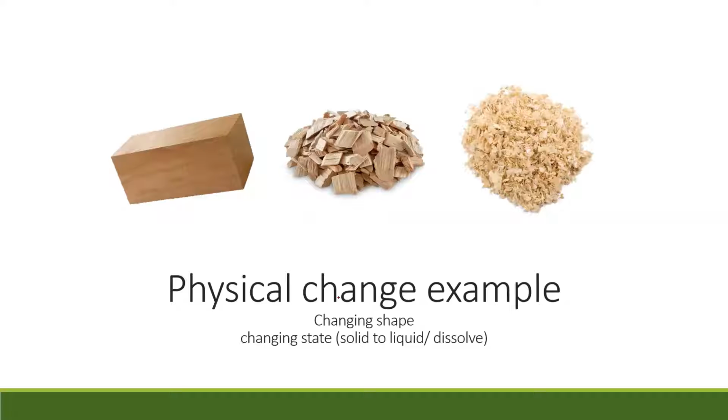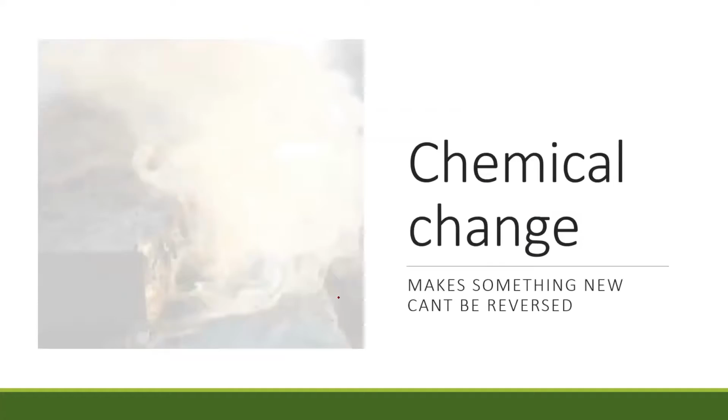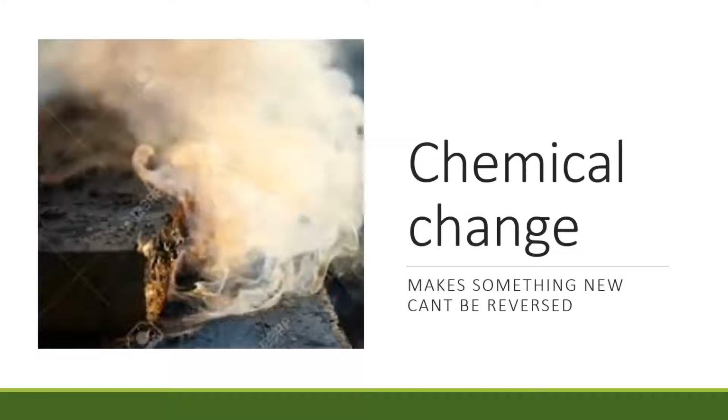Changing state is the same sort of thing. If you dissolve a piece of salt in water, if you remove the water, you would get your salt back. So you can go backwards. That's one of the ways you can tell physical change, is that you can go backwards. With a chemical change, that's it. You can't unburn a piece of wood. You can't unrust a piece of metal.